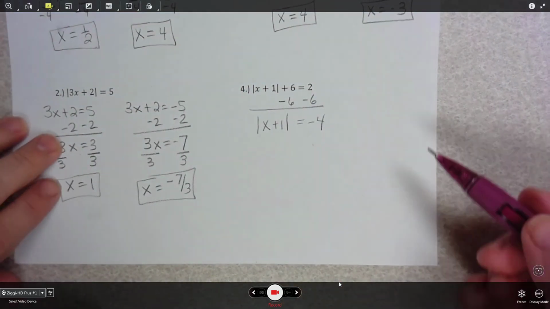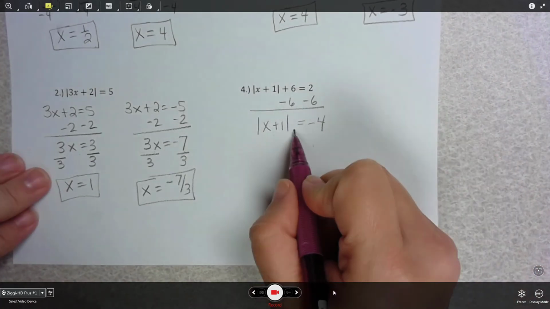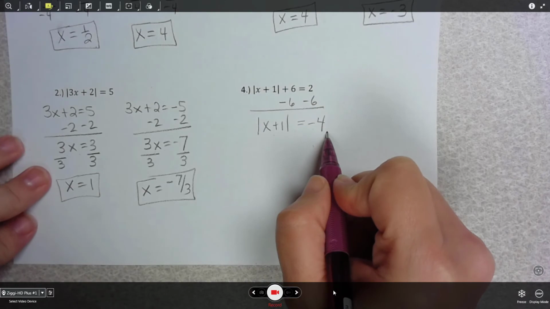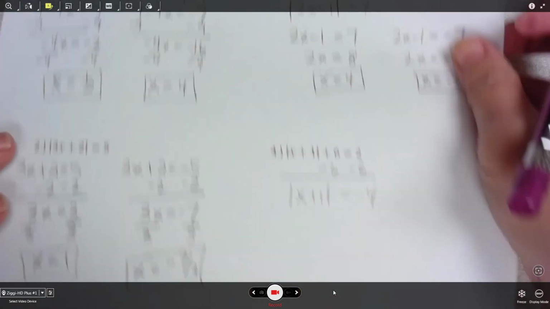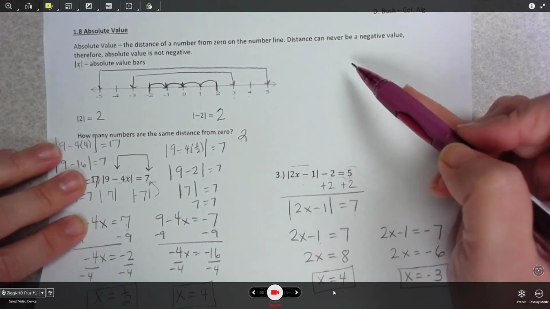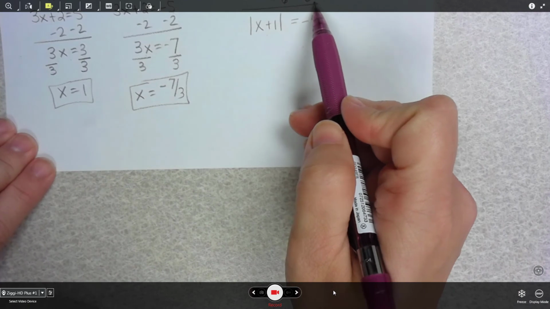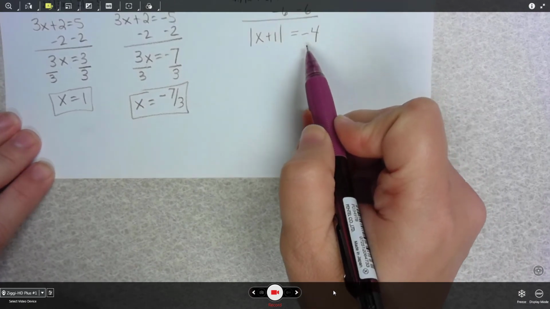Now at this point you should pause and notice that the distance equals a negative number. And we said up here in the beginning of the video that distance can never be a negative value. So here when we took that 6 away, we got a negative number.